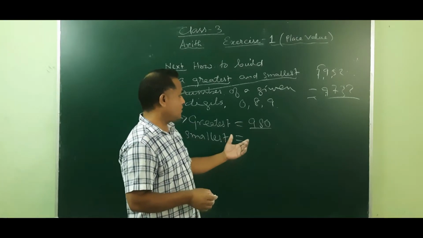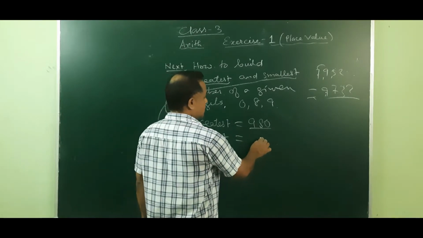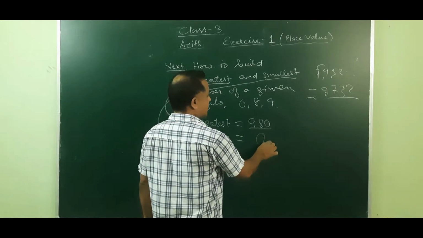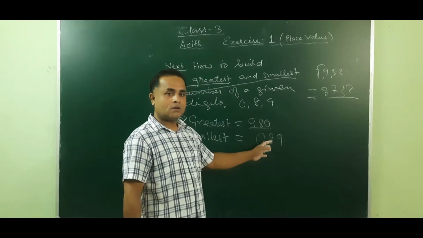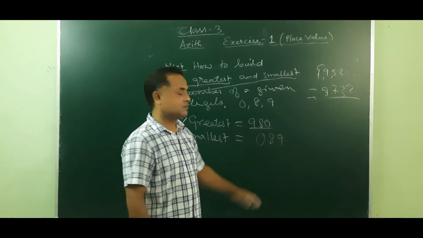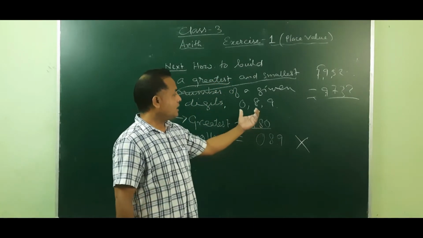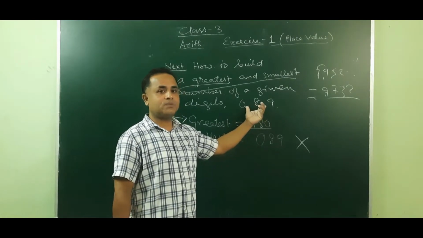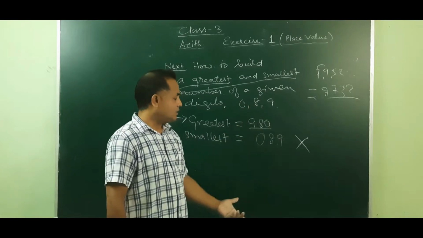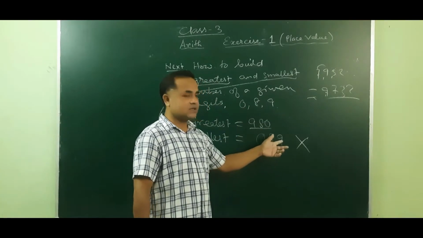But when it comes to the smallest, sometimes people make mistakes. Sometimes they write 890 and think that this is the smallest, but it is wrong, because here 3 digits are given, so there should be 3 place values.